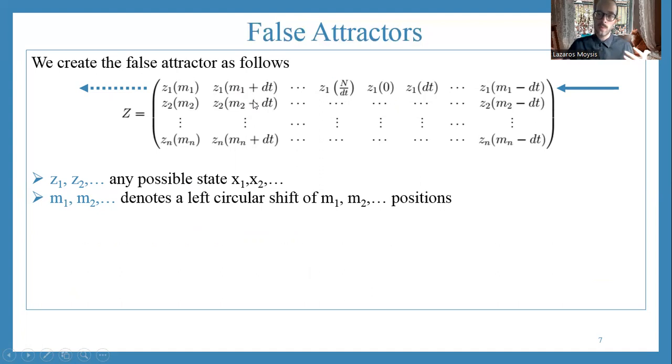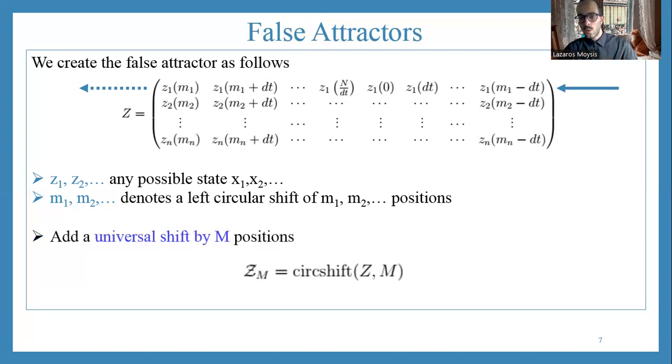It is called false because it doesn't correspond to a real solution of a system, but rather it spans from a real solution after I apply some digital shifting of the states. That is why it's called false: because it is not a real solution. So that's the technique that the authors proposed. Additionally, because our aim is to increase the key space of the technique, we perform one additional universal circular shift.